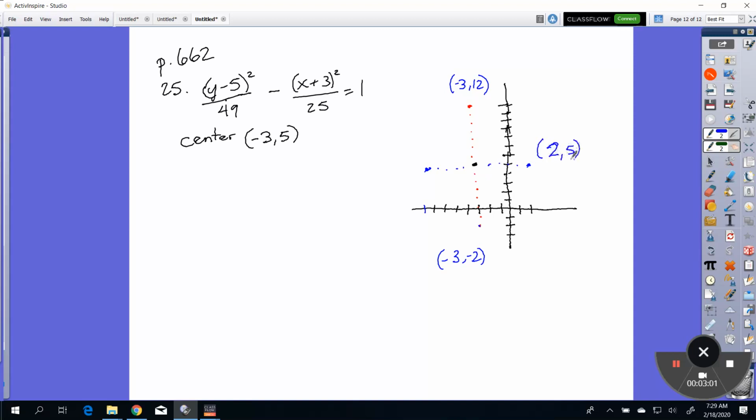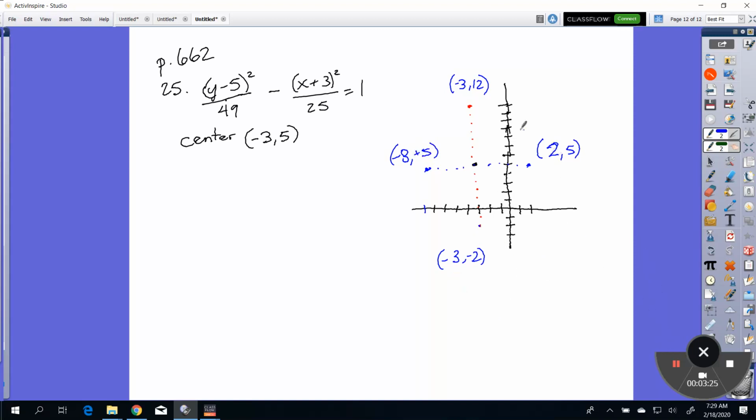It's still on 5. 5 to the left of that makes it negative 8. Negative 8, positive 5.